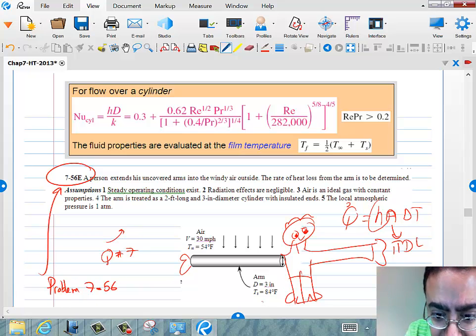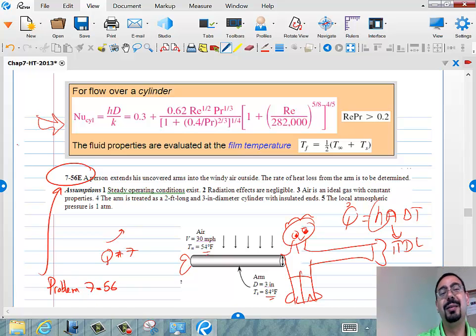By the way, the delta T here is the T_s is 84 Fahrenheit, T infinity is 54. We got the delta T, right? He's being cooled by the air, so the air is colder than him. Right, we have to figure an equation for a cylinder, right?